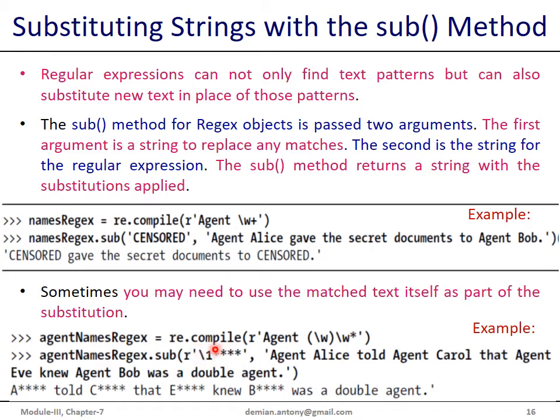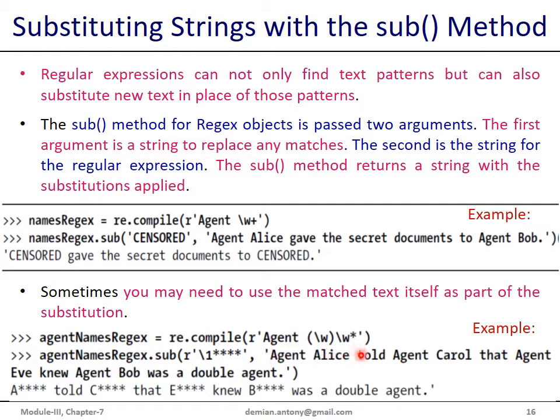It means that the content found in the first group, followed by a fixed character, star, and the output of this is nothing but A. Agent is actually the fixed pattern to be matched, followed by capital A and other things up to this.